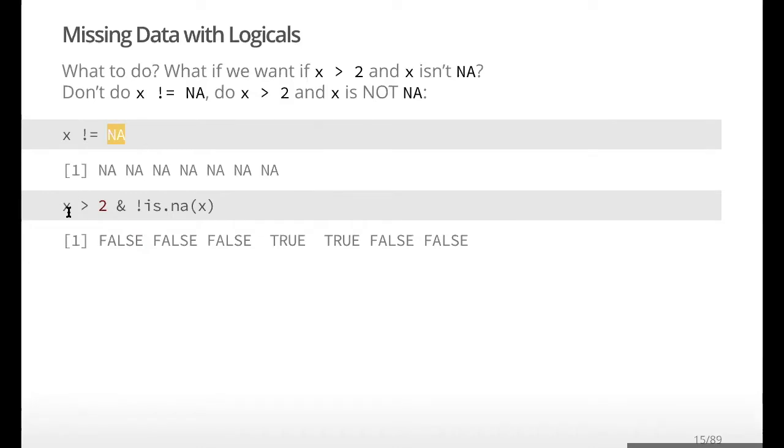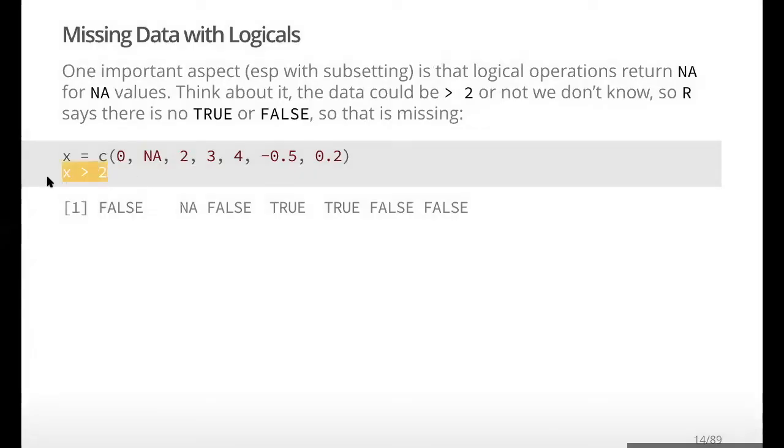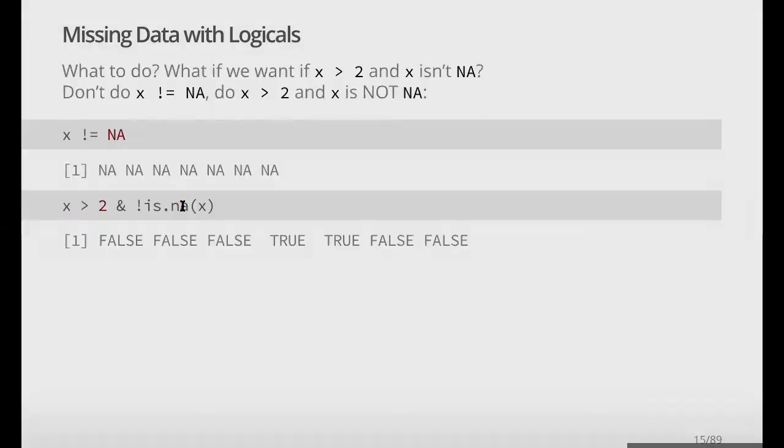So here we're saying, is x greater than 2 and it's not missing, okay? So if we go back and contrast between x is greater than 2, we have an NA here, versus this, we have a false here. So the AND operator, again, if you have a true and a false, it's going to come back false. If you have a false and anything, it's going to come back false. The only way this is true is if both conditions are met.